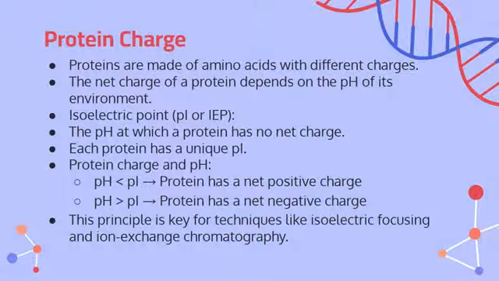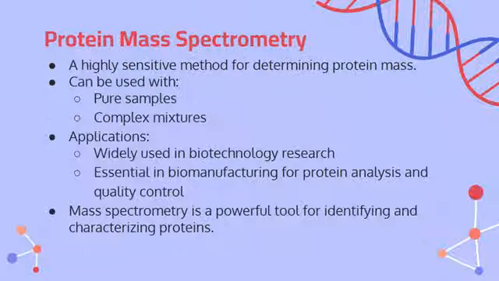So let's talk about different methods that we can use to look at these proteins. Protein mass spectrometry is a highly sensitive method for determining protein mass. It can be used with pure samples and complex mixtures, and it is widely used in biotechnology research labs.